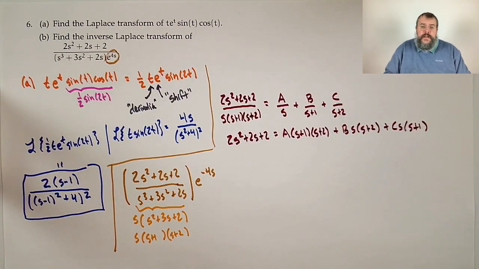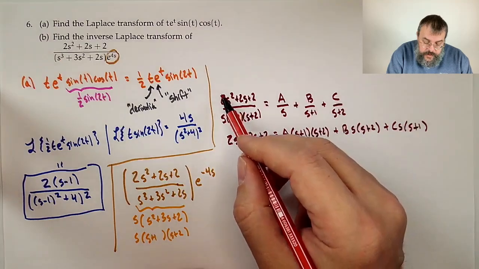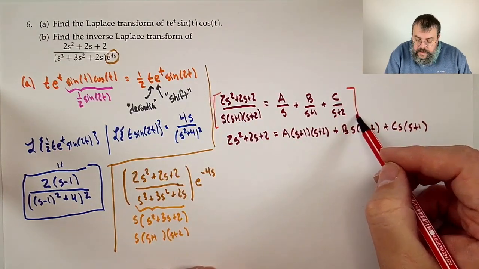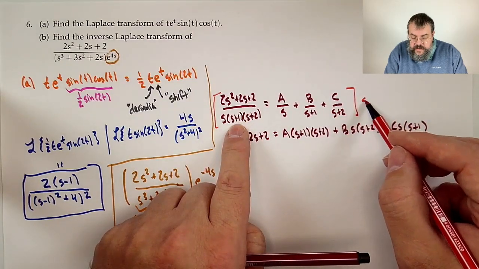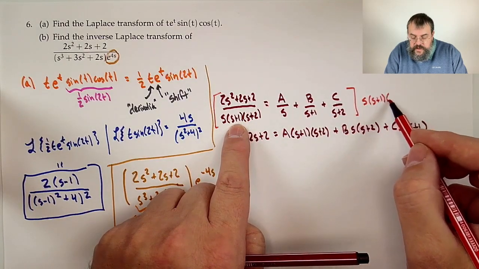What just happened was we took this equation and multiplied both sides by this denominator, s times (s plus 1) times (s plus 2).